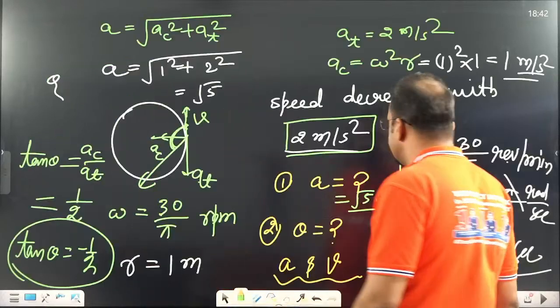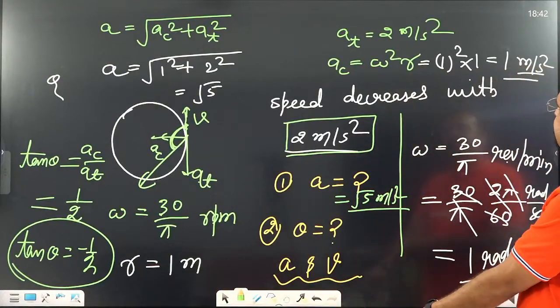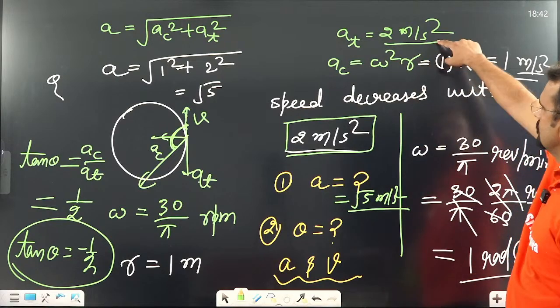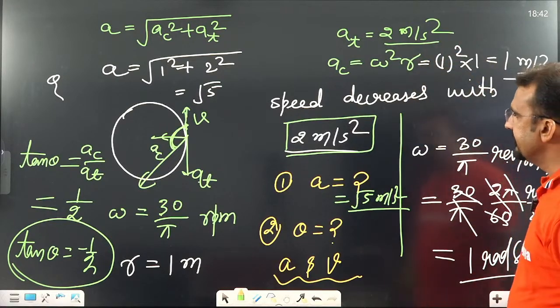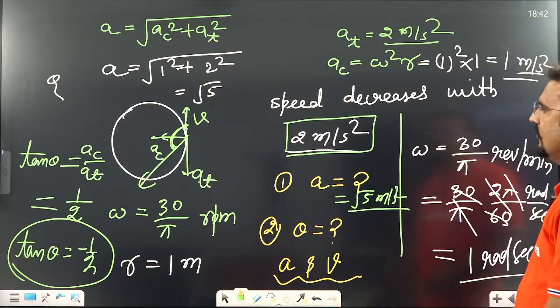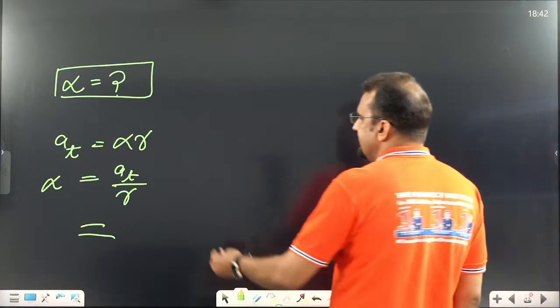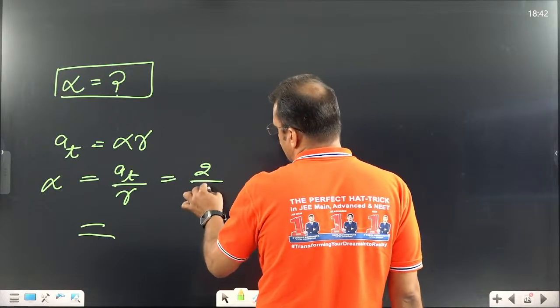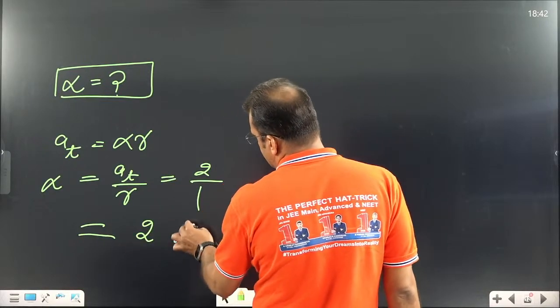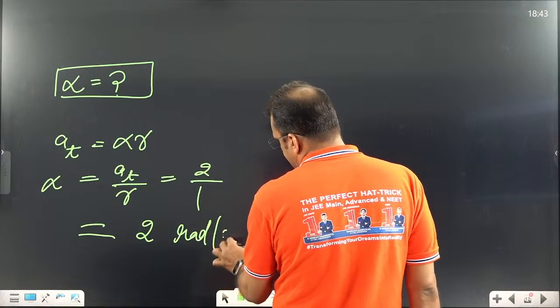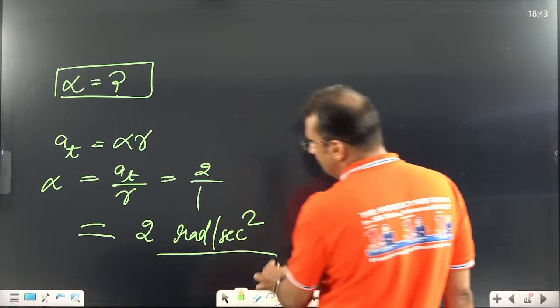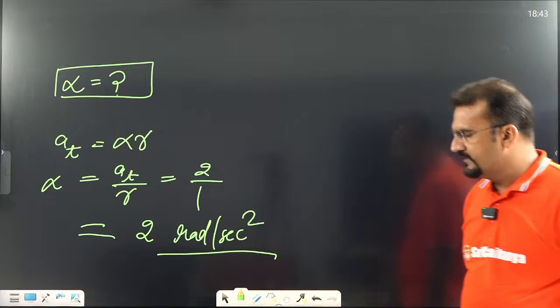AT is directly given. Tangential acceleration we have calculated, this is 2, and the radius was 1 meter only. So this is 2. What is the unit? Radians per second square, yes or no? So this is 2 radian per second square.